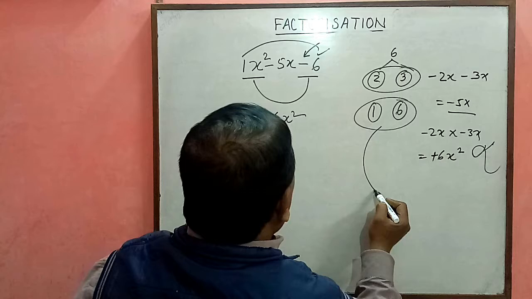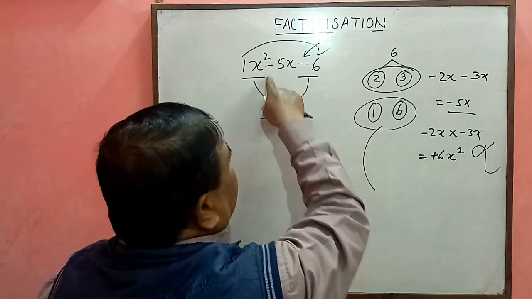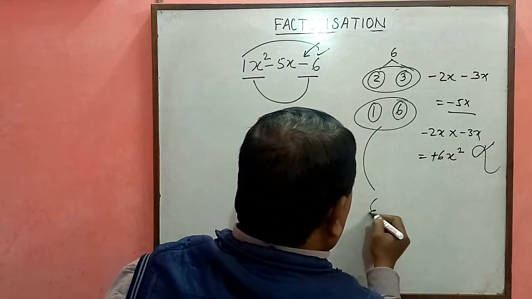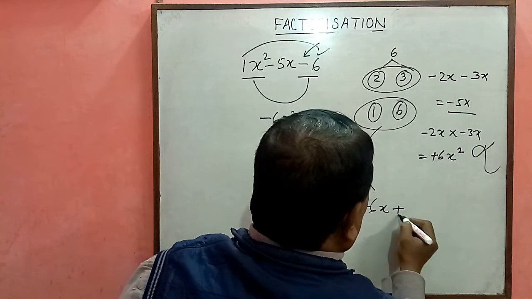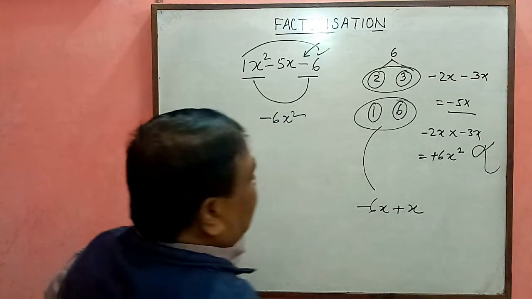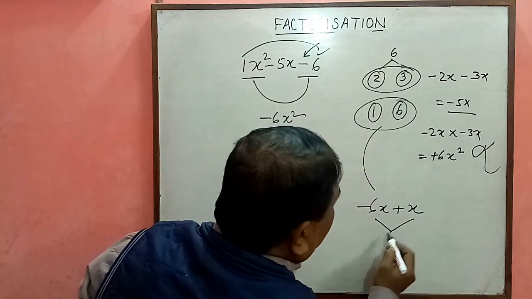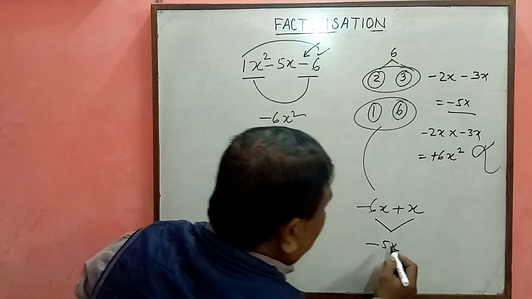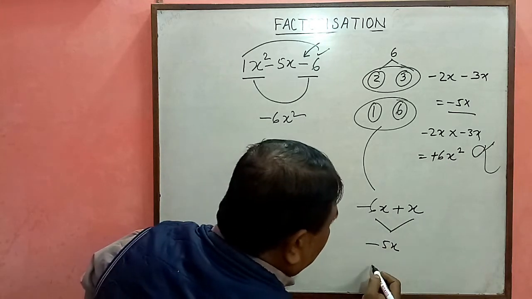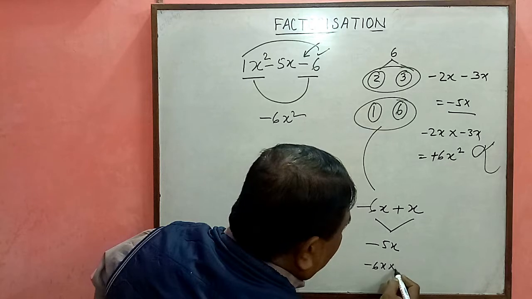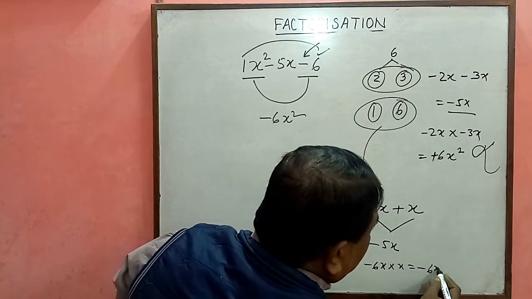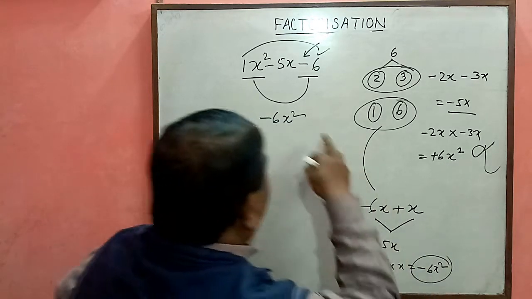So if I choose this one, the negative sign goes with the greater one, 6, and the smaller one is x. This also gives me minus 5x. And the product of these two, minus 6x into x, is minus 6x square. This is qualifying.